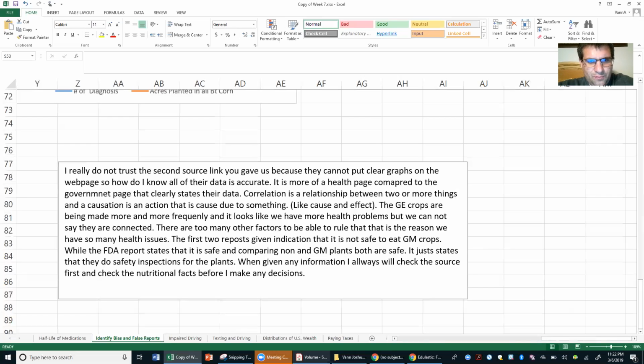The first two reports given indicate that it is not safe to eat GMO crops or GM crops, while the FDA report states that it is safe. And comparing non-GM and GM plants, both are safe.